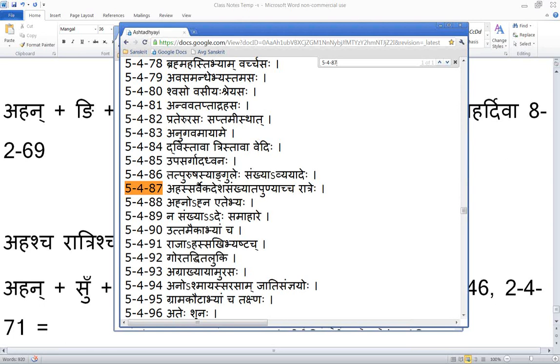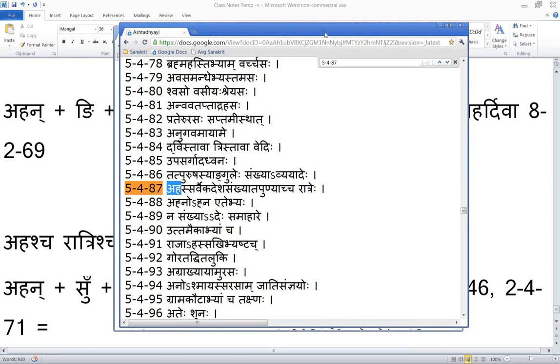Please excuse my pronunciation. Sankhya avyayadehe. So that was in Tatpurusha coming over here. But within that, Panini has put this ahan, and this is going to form a Dvandva compound. So even though Tatpurushasya is the adhikara, the anuvritti of sankhya and avyaya is coming down here.